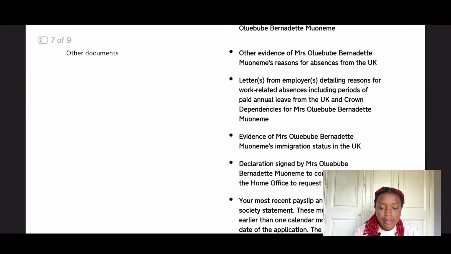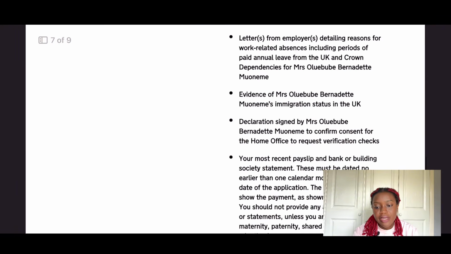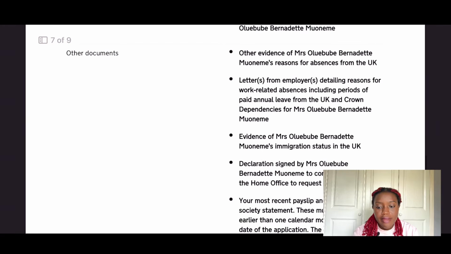Documents, mandatory documents to submit, and other documents. So these are the documents that I submitted. Okay, the passport issued by Nigeria for Mrs. Olube Bernadette Moneme. Other evidence of my name and reasons for absences from the UK. Letter from employer detailing reasons for work-related absences.